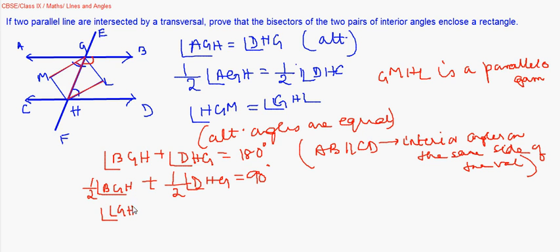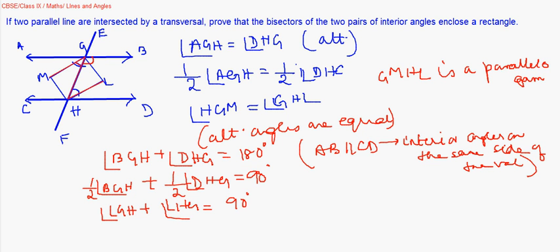We are considering this angle because we are more concerned with this inside part of the rectangle, plus half of DHG will become LHG. The sum of these two equals 90 degrees. Now look at the triangle LGH.